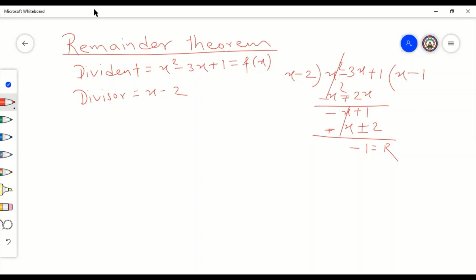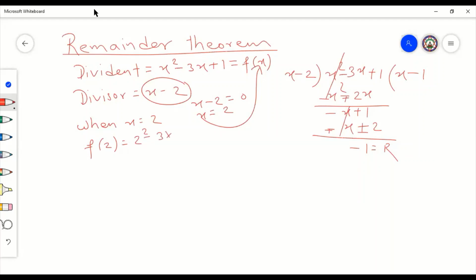Now, from this divisor, if we set x minus 2 equal to 0, we get the value of x as 2. Now, once you substitute this value of x into the polynomial, the dividend, what do you get?